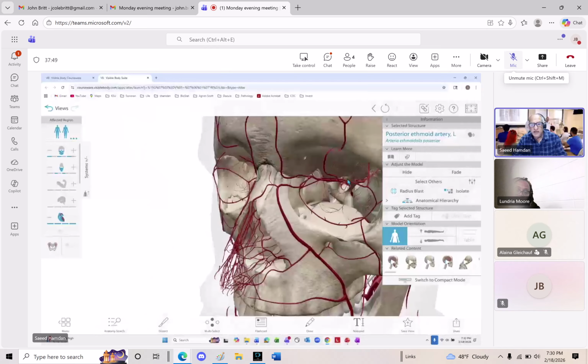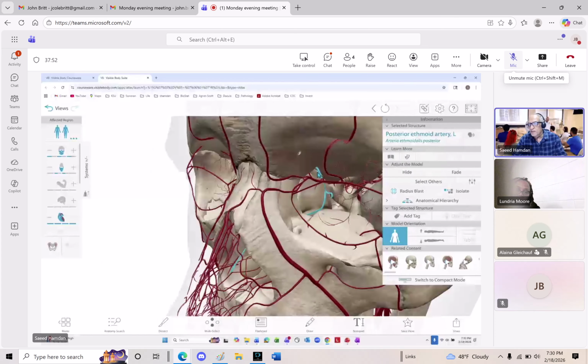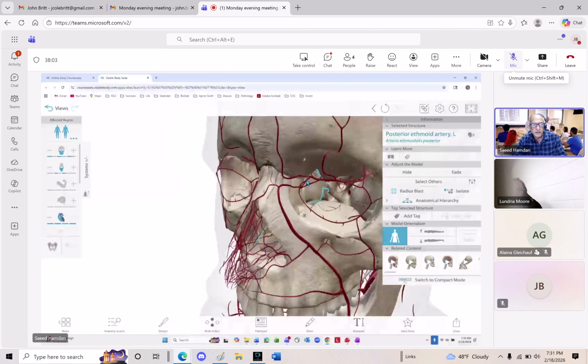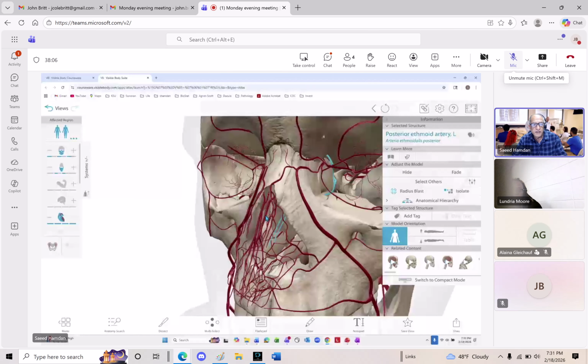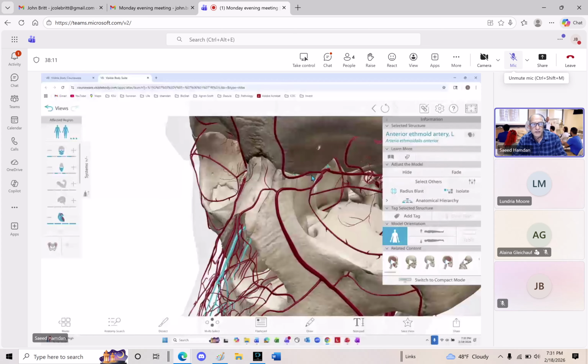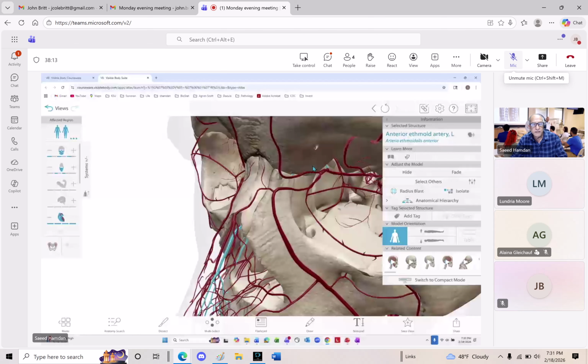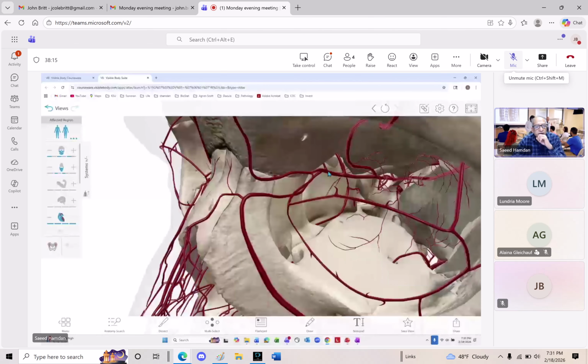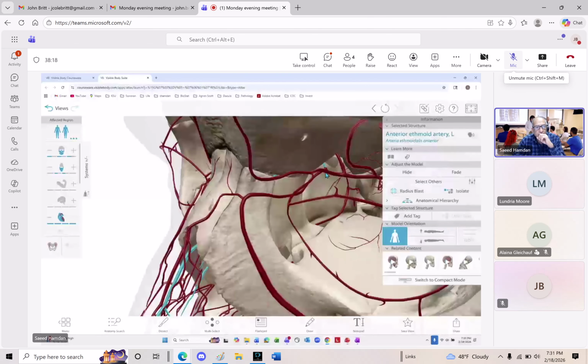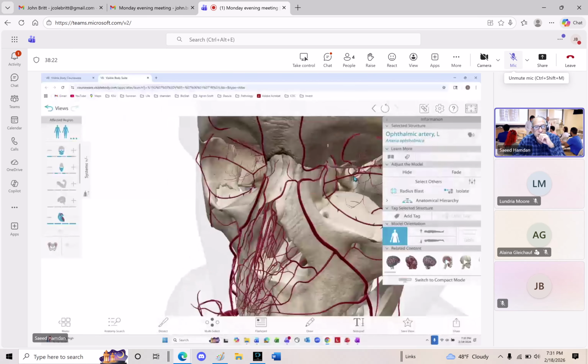Visible Body is saying ethmoid, but in your lab protocol on the structural list, they are calling it ethmoidal. So it's going to be your posterior, and this one here is the anterior. Anterior, and this is the posterior. For whatever reason, that's still showing posterior though.